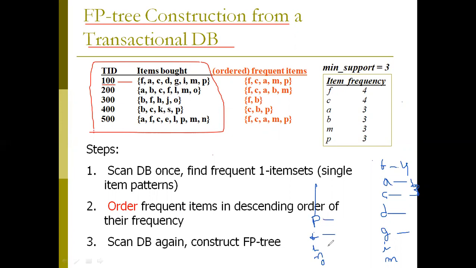Then after representing the support count of each and every item set, in step 2, you need to initialize the minimum support count. My minimum support count is 3. Then check whether each and every item set is equal to or greater than 3.